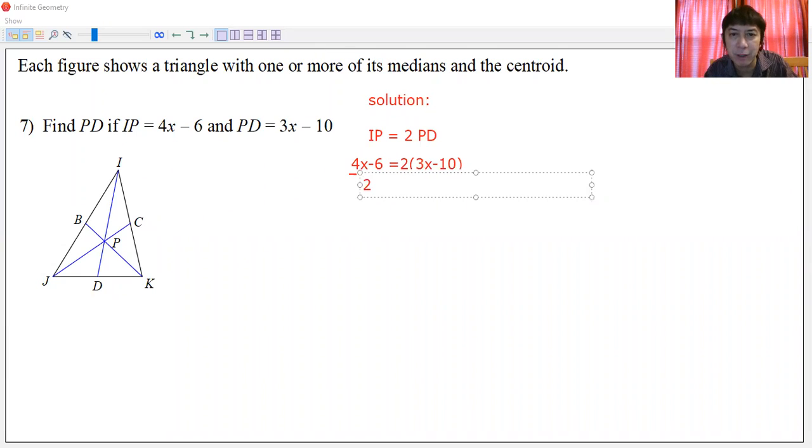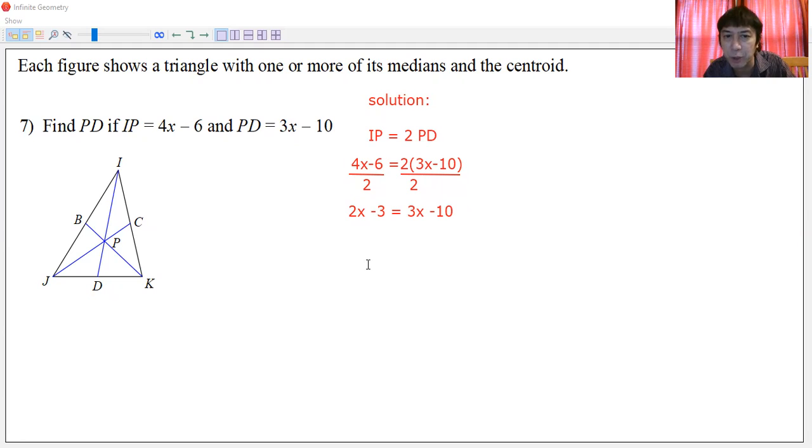The left side will now become 2x minus 3, and the right side will become 3x minus 10. Because the 4 divided by 2 is 2, and 6 divided by 2 is 3, and then on the right the 2 and the 2 cancel out. So we will just have the next line this way.